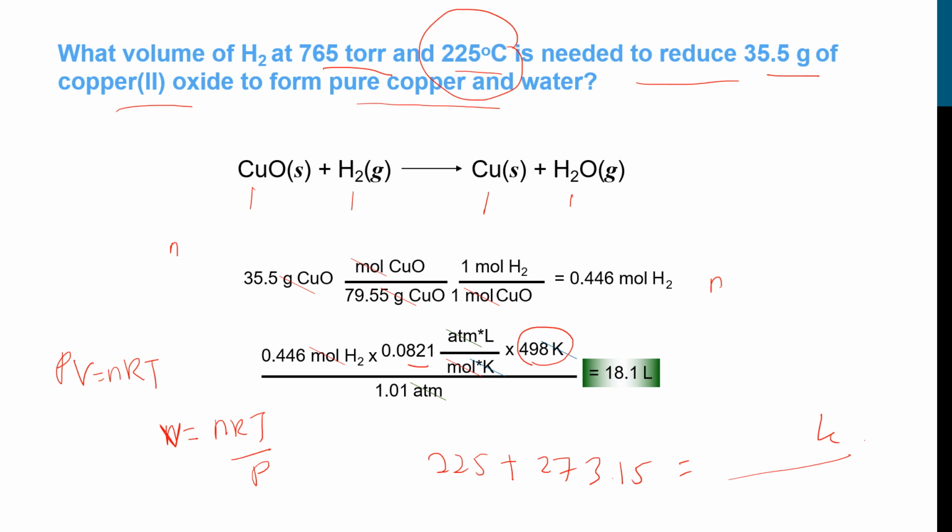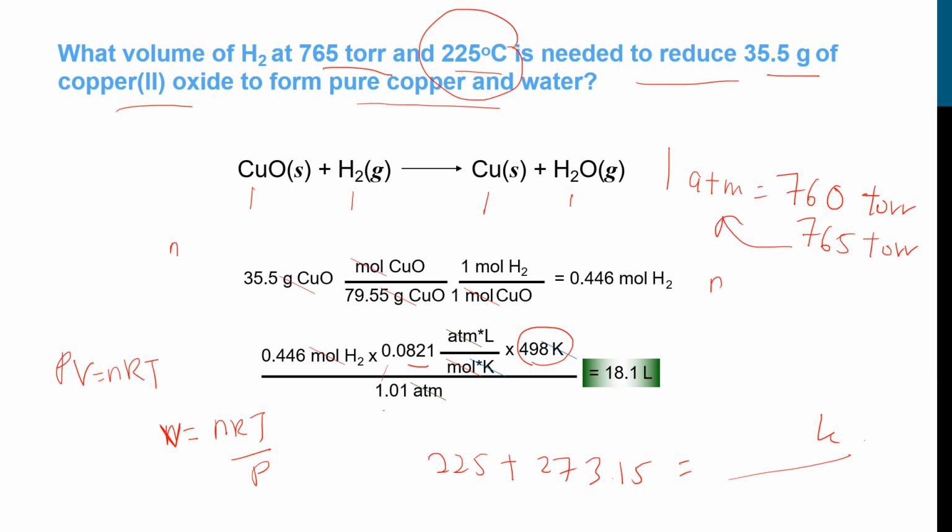Ada pelajar tanya macam mana 765 torr boleh jadi 1 atm. Remember, 1 atm equals 760 torr. So let's say if you have 765 torr, you darab lah 765 torr times 1 atm divide 760 torr.